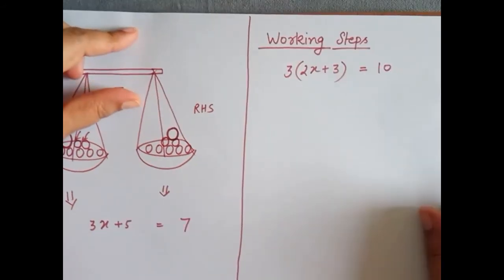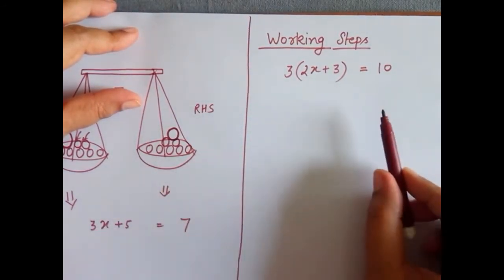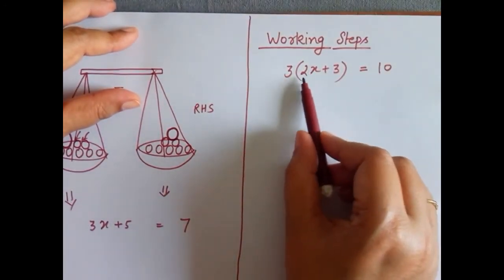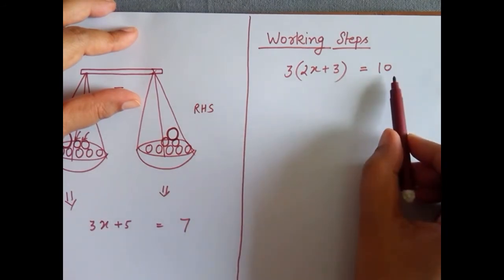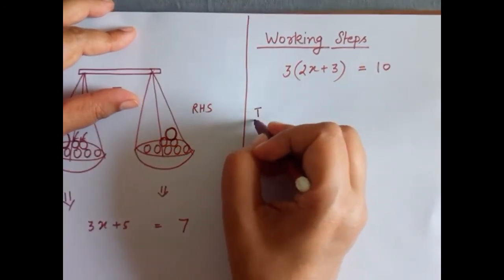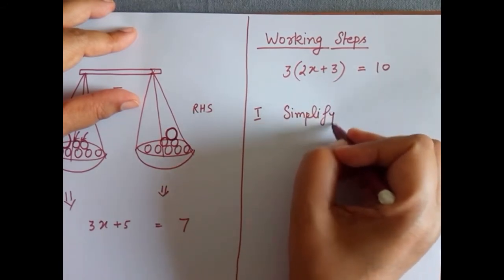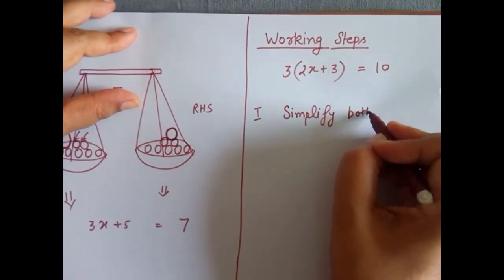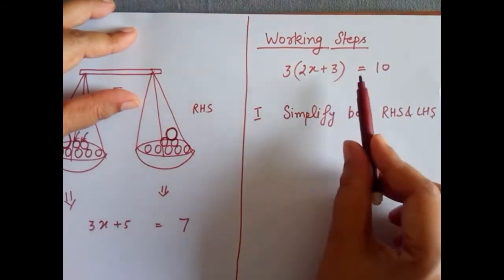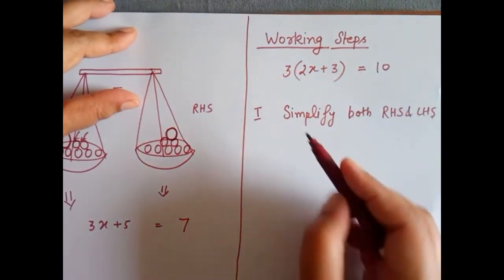Now coming to working steps. Suppose I have written a random equation. I have not taken this equation from the book, I just took random numbers. 3 within brackets 2x plus 3, bracket close, is equal to 10. This is a simple linear equation. Now first step, simplify both sides, RHS and LHS. Means whatever is on the left side of the equal sign and whatever is on the right side of the equal sign, simplify.